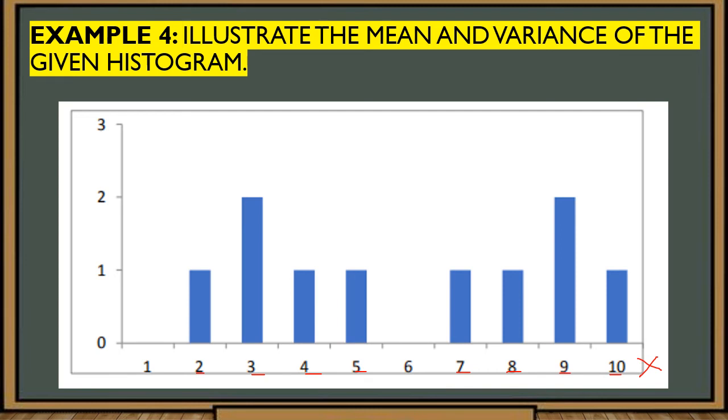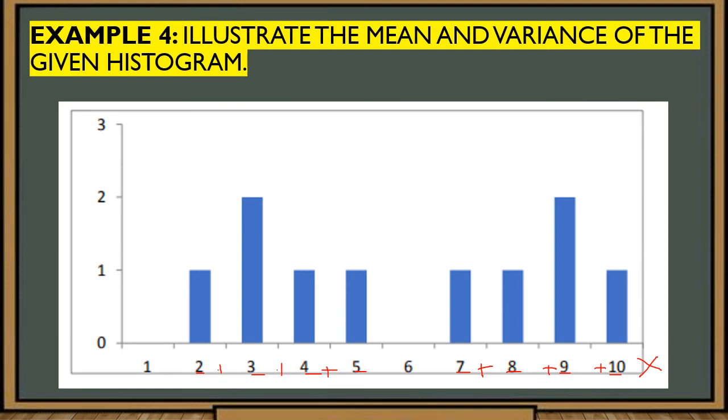If you're going to get the mean, we simply add these values. So 2 plus 3 plus 4 plus 5 plus 7 plus 8 plus 9 plus 10, we're going to get 48, and divide it by 8.